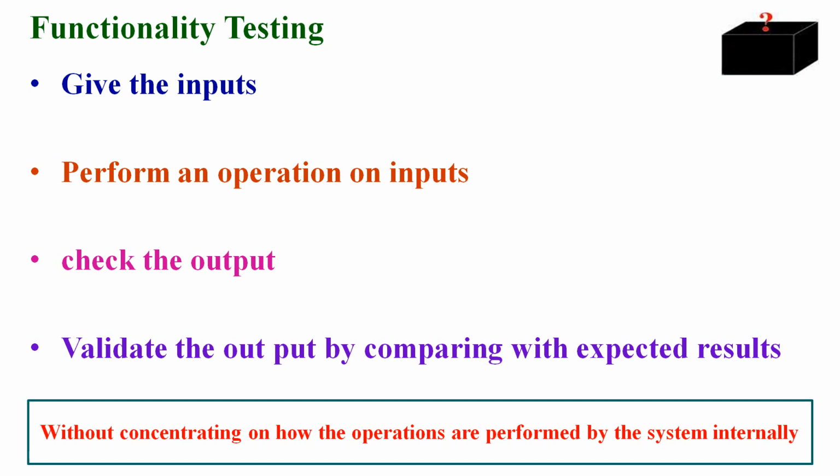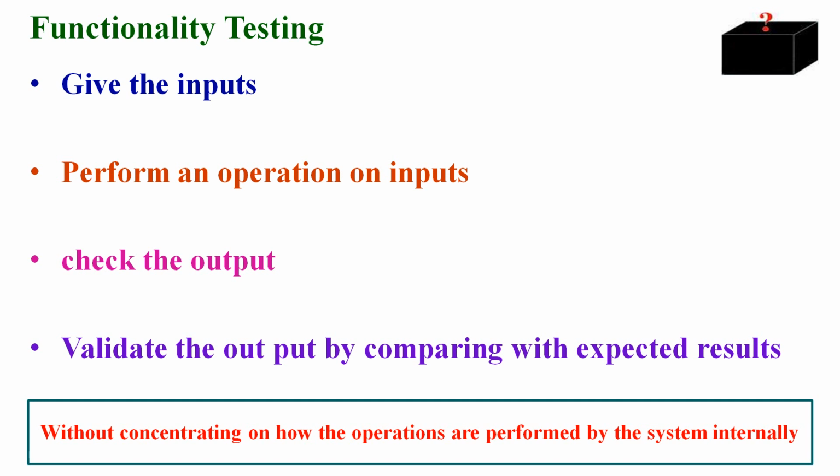After performing the operations, you have to check the output, whether we got this output or not. After getting the output, you have to validate that output by comparing with the expected results. This is called functional testing or functionality testing. Right? So, testing of that particular functionality is called functionality testing, or testing of this particular functionality is called functional testing.